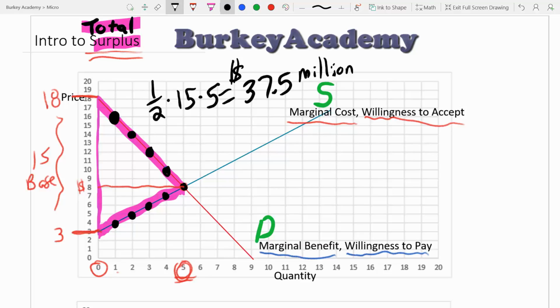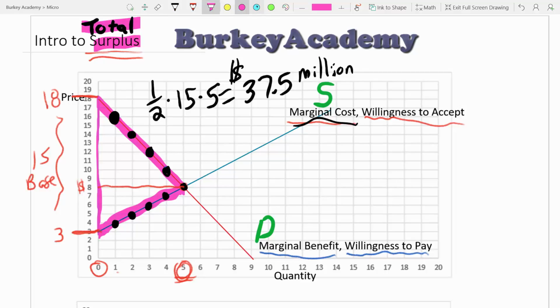And again, what that $37.5 million would represent is the total difference between value created and the labor and material costs, things we call marginal costs, or if we add all of them up, we'd call them variable costs. Let's make this a little bit more explicit here.